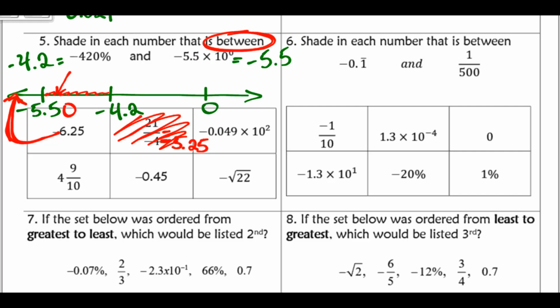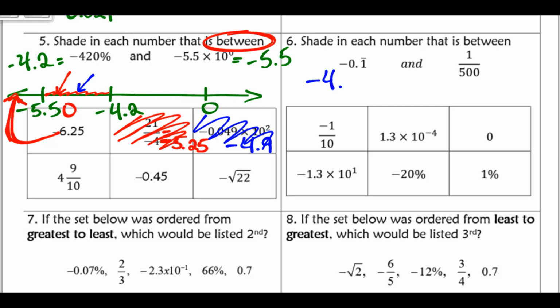The third one, that 10 to the second power is telling me to move the decimal place 2 spots to the right. That's going to end up as negative 4.9. That's a bigger negative number than negative 4.2. But smaller than negative 5.5. That'll also end up somewhere in there. Actually, I'm going to line those up just so you can see that clear.